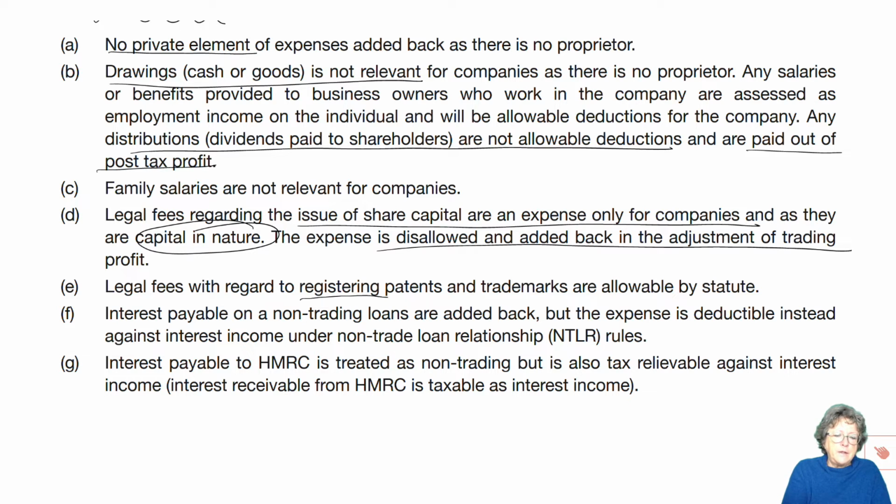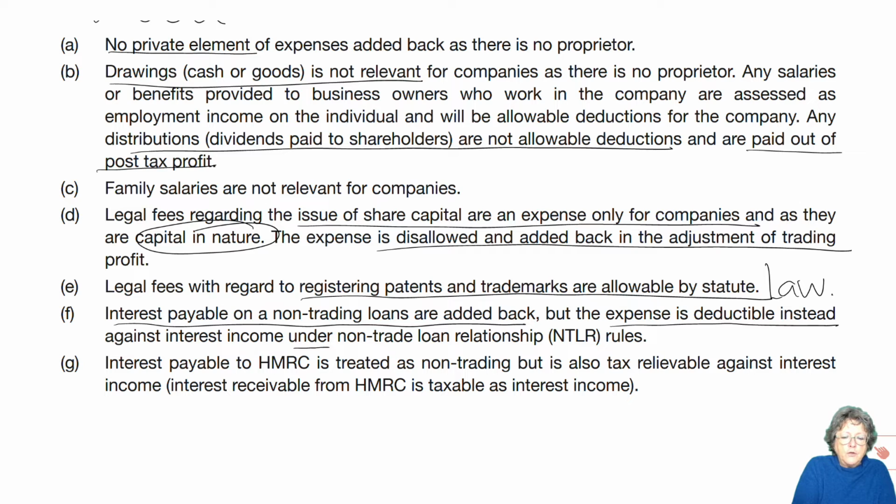Legal fees for patents and trademarks are allowable by statute, or that's another word for law. There's been a law that's been brought in. Interest payable on non-trade loans is added back, and the expense is then deducted under the non-trade loan relationship rules.